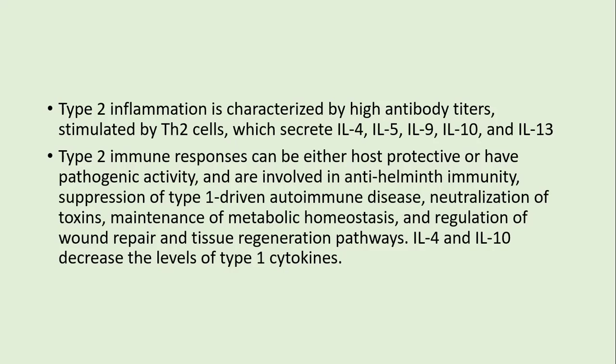So interleukin 4 and 10 are known to decrease the cytokines which are produced by type 1 immunity, that is the tumor necrosis factor alpha and interferon gamma. So the cytokines which are produced in type 1 immunity suppress the cytokines which are produced by type 2 immunity, and the cytokines which are produced in type 2 immunity try to suppress the cytokines which are produced in type 1 immunity.